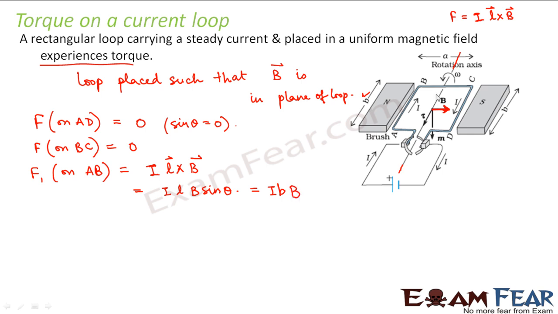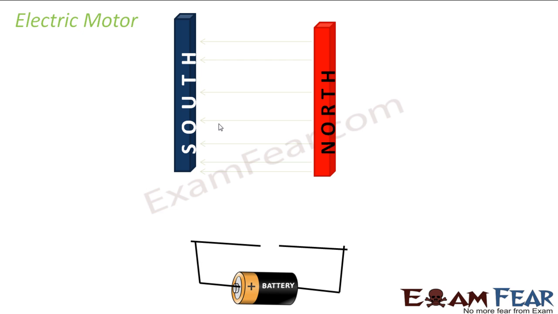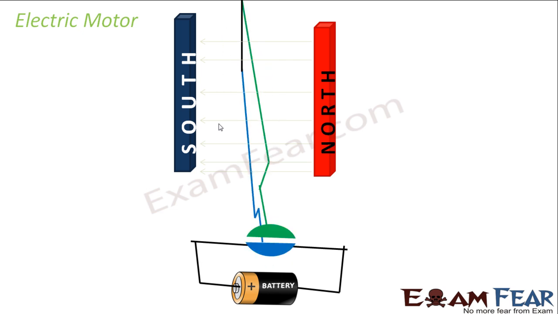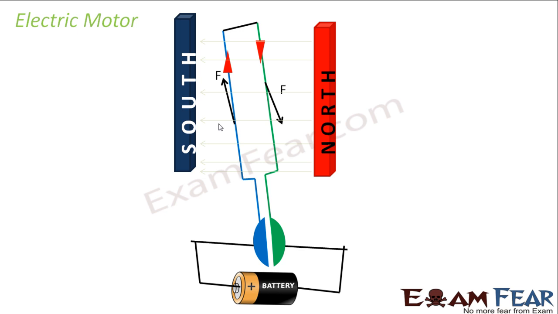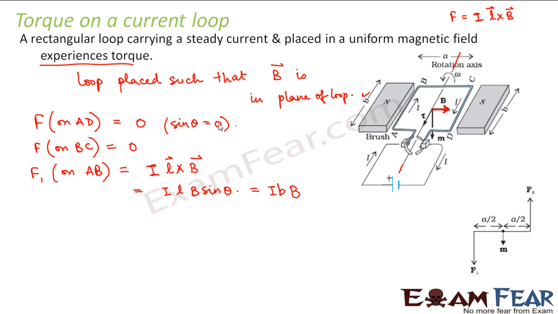What is theta in this case? This is your length and this is your magnetic field. It is a three-dimensional figure, right? The magnetic field is in the horizontal plane and your loop is lying in the same plane, but it is perpendicular to the magnetic field. You can look at this diagram so that it becomes clear. The magnetic field is already there, and on top of that you place a loop, so that loop is in a direction perpendicular to the direction of the magnetic field. So theta will be 90 degrees. This will be the force that acts on AB.